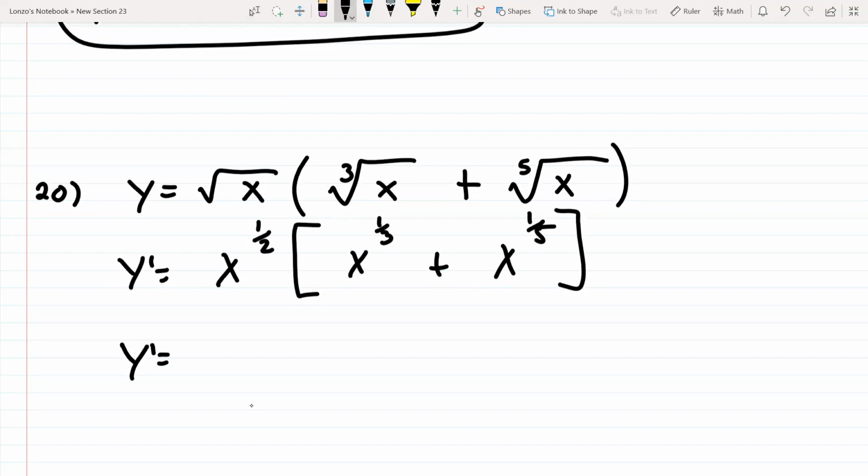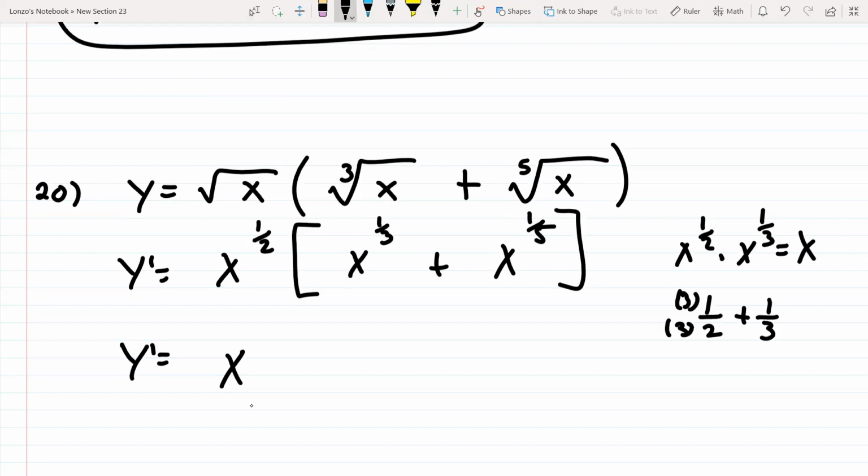So remember, the rule is when you're multiplying with the same base, you add the power. So when you multiply x to the 1/2 times x to the 1/3, you would add the powers 1/2 plus 1/3. Common denominator would be 6. So this is 3/6 plus 2/6, which is equivalent to x to the 5/6.